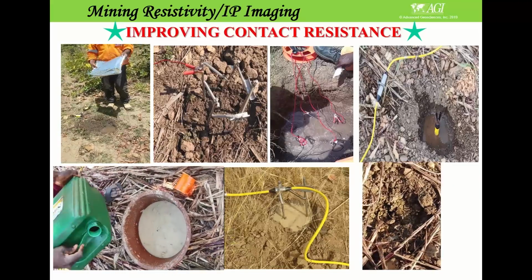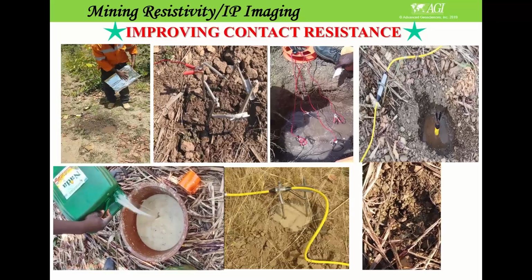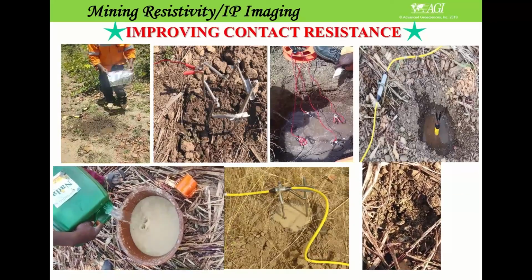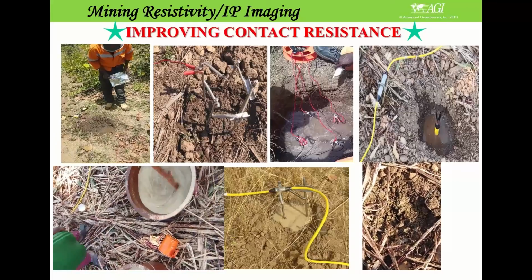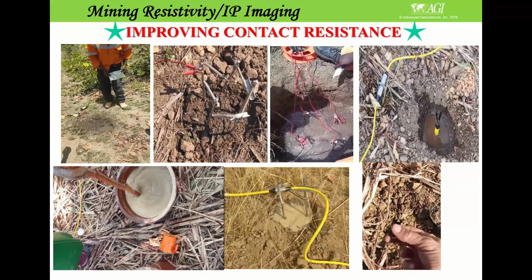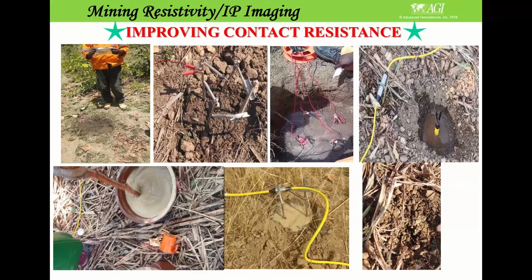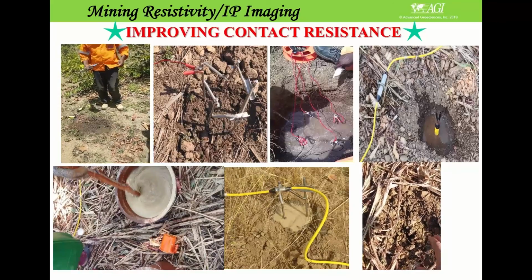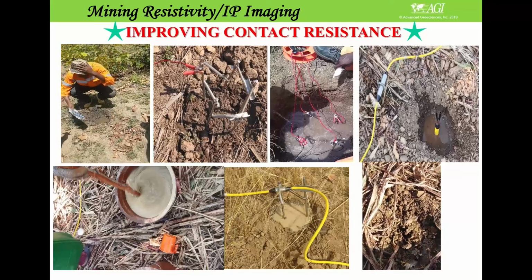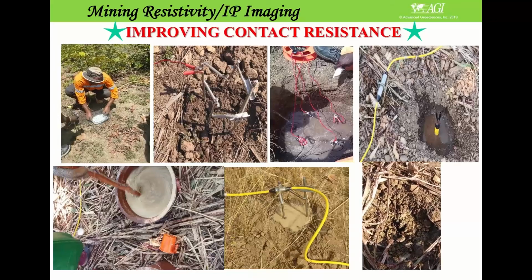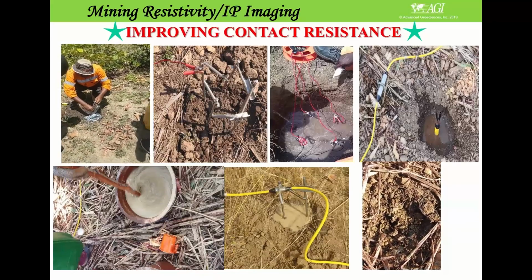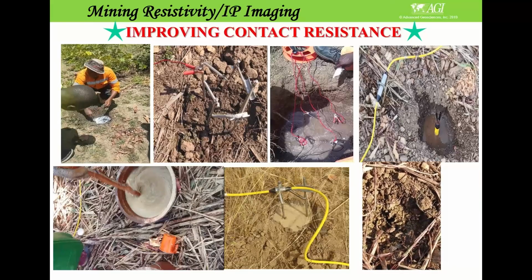Here on the right, you can see the area prepared with the bentonite solution, and after 2 days it is still wet. So in hot areas like the Middle East, it's a good option to moisturize the ground and keep the contact resistance always low.